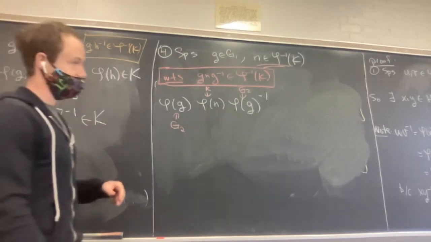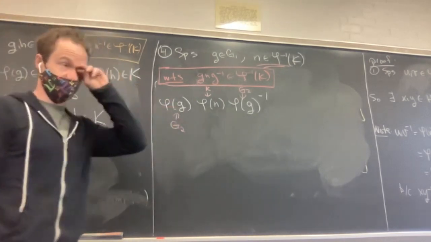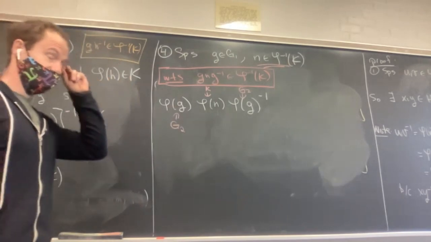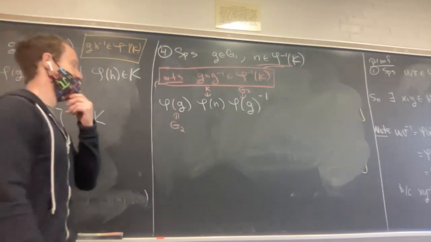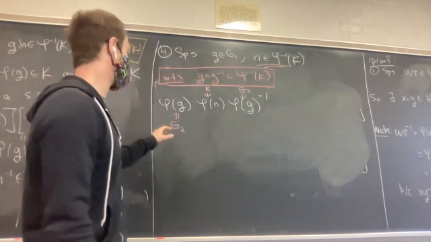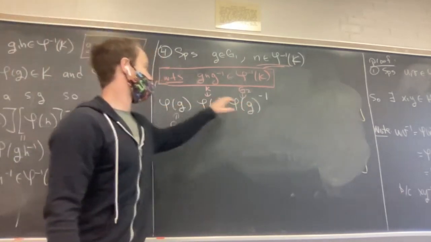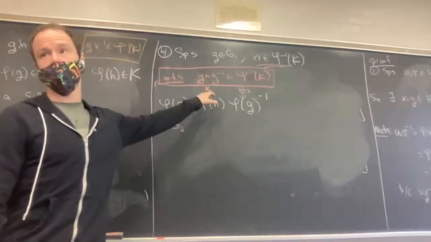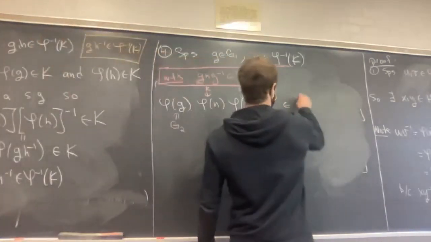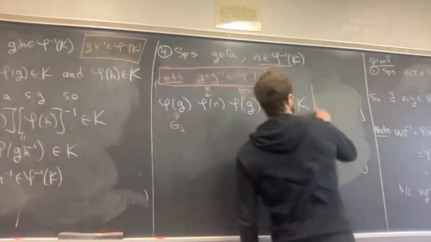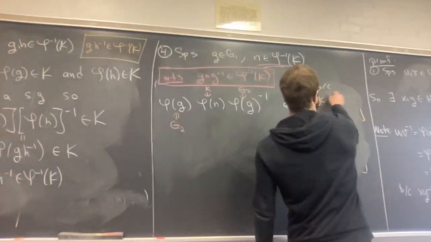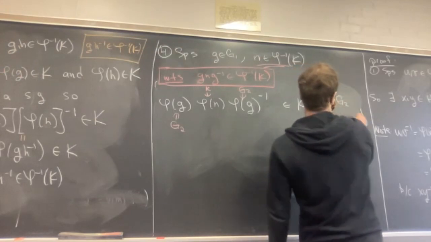Okay, but our assumption, which was erased, is that K is normal, right? So since our assumption is that K is normal, that tells us that if we do this kind of action with a normal subgroup, we land back into that normal subgroup. So this is because K is normal in G2.